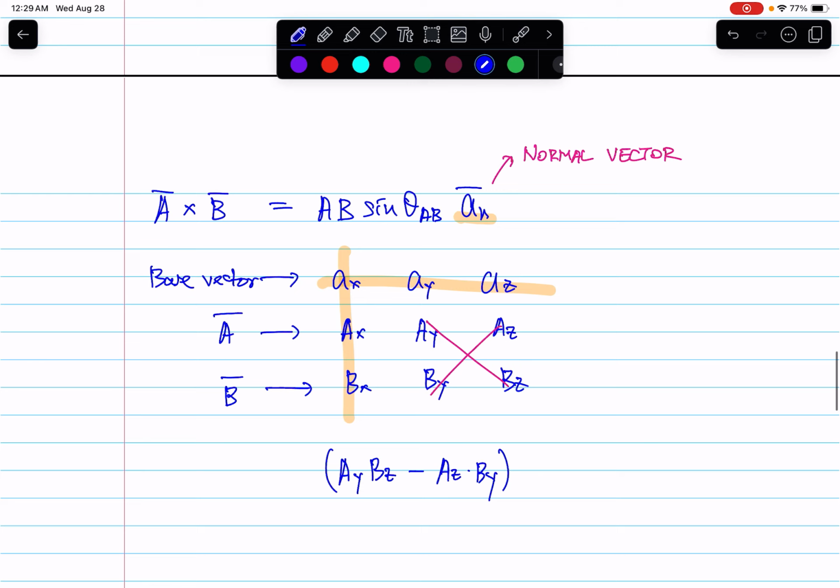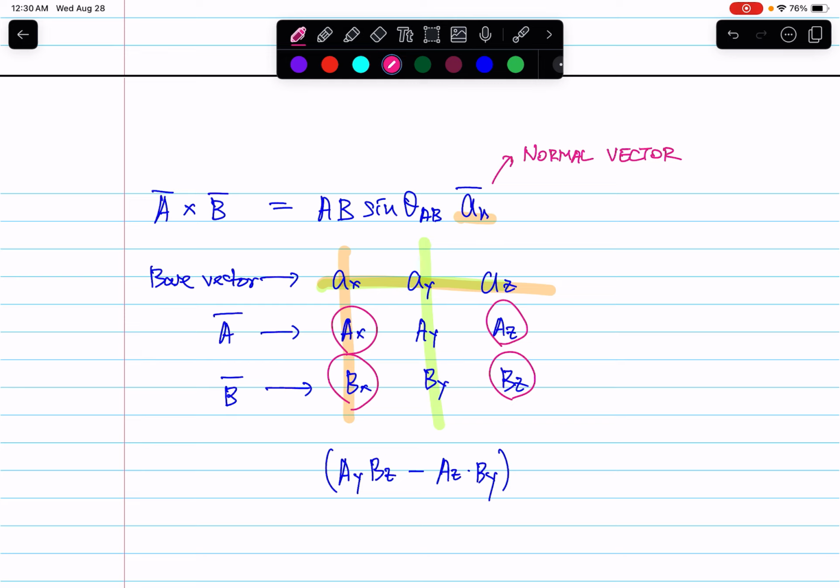The other thing you need to do is wipe out the first row and the second column. And you need to do the cross multiplication between these ones, the ones that survived, that are not wiped out by this green highlight.